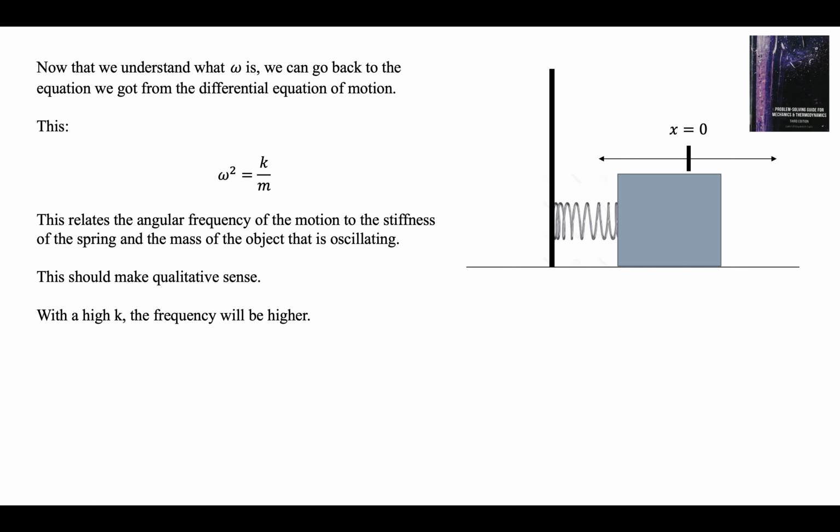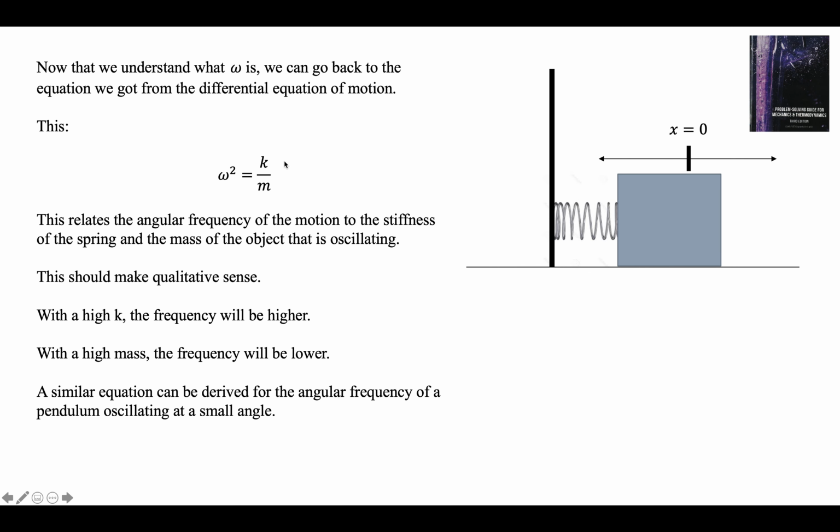Right? Tuning forks, very stiff. If the mass that's going back and forth is high, the frequency is going to be lower. It's hard to oscillate a high mass at a big frequency. So this equation makes sense. The bigger the mass, the smaller the frequency. The bigger the stiffness of the spring, the higher the frequency.